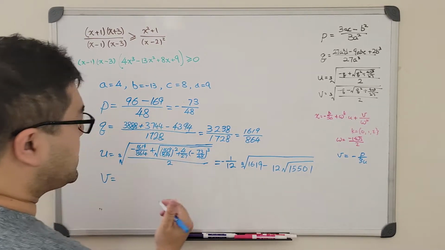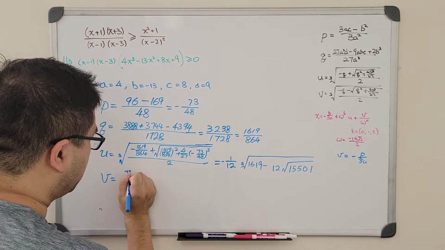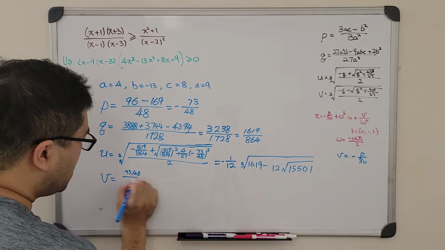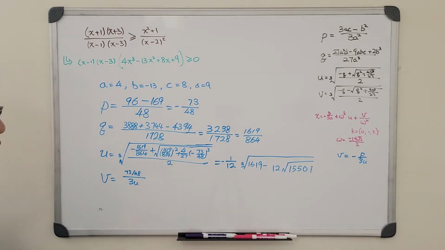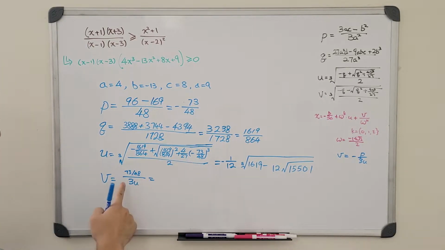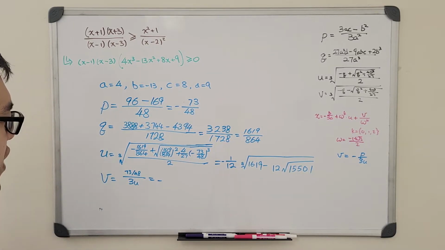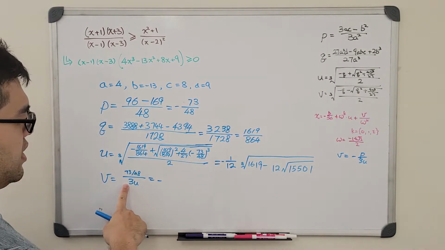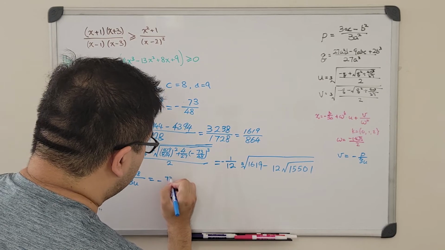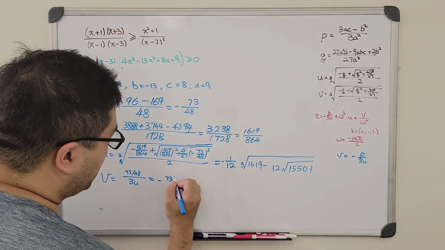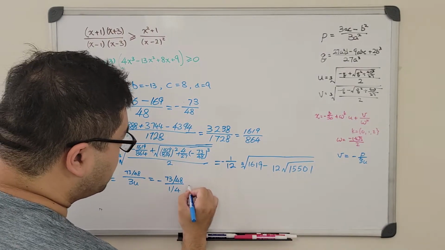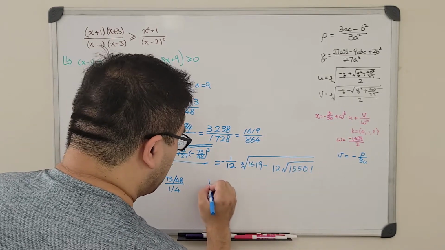So we get negative p, which is 73 over 48, divided by 3u. So again, since we have the u on the bottom, those will cancel out and going to give us, let's see, we have 3 cancel with 12, so we have 4 in the denominator. So we end up with negative 73 over 48 over 1 over 4 times the remaining part in the denominator.